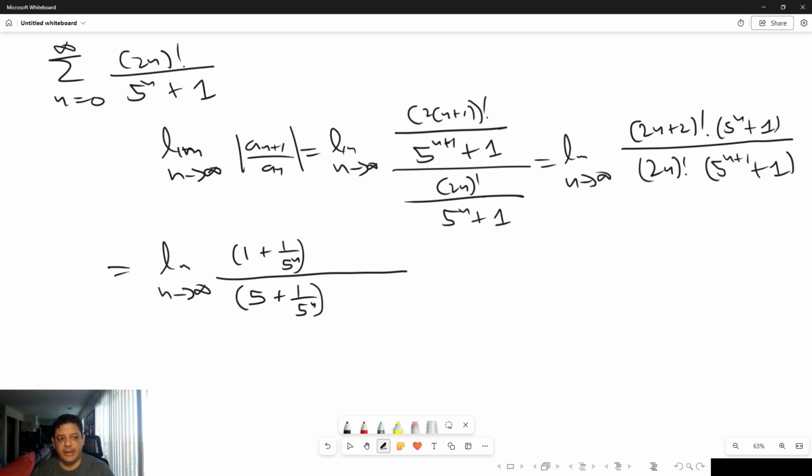Now, on the other hand, this (2n+2) factorial can be seen as (2n+2) times (2n+1) times (2n) factorial. And so that's going to allow me to cancel out those (2n) factorial factors.